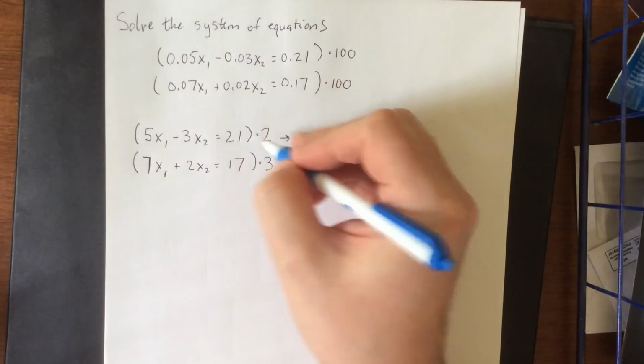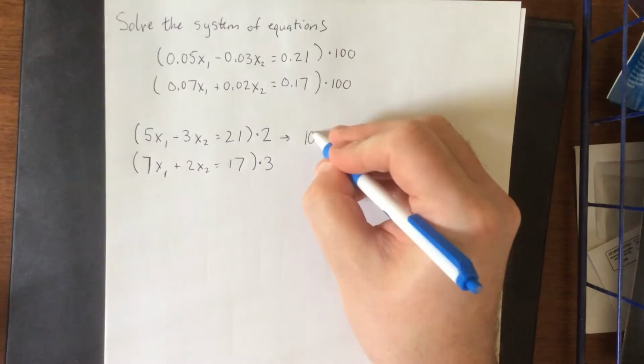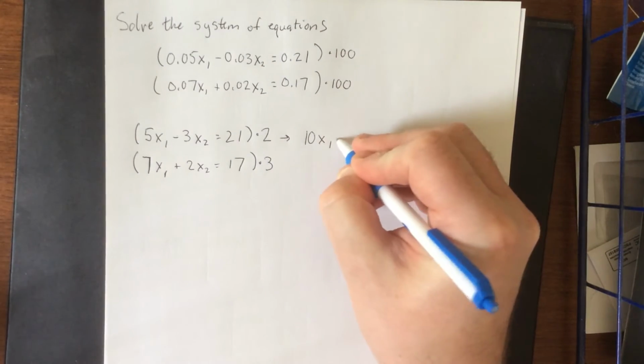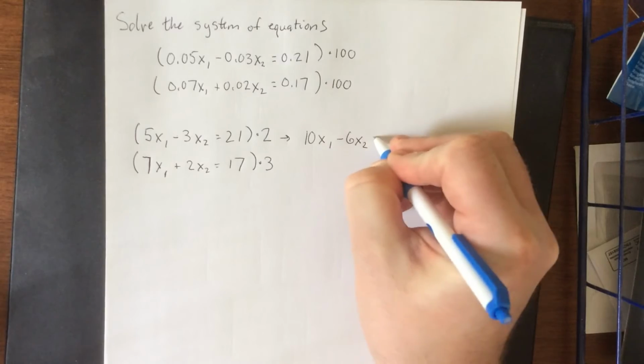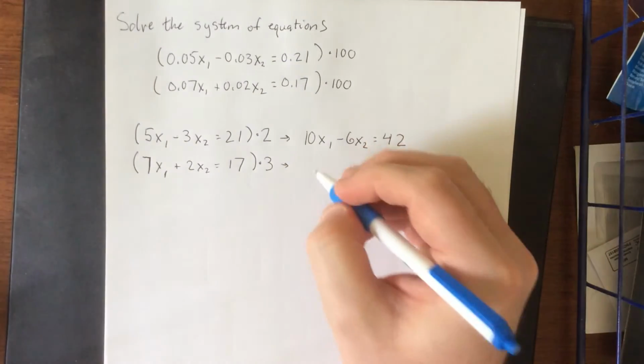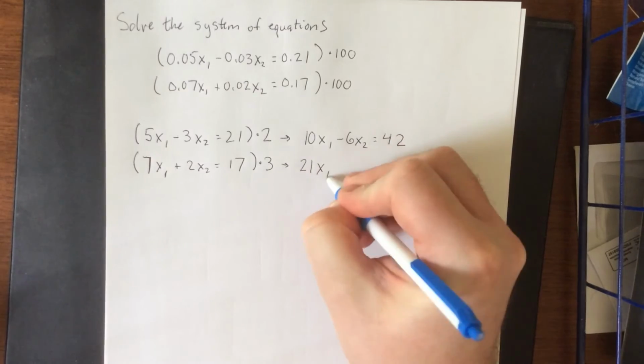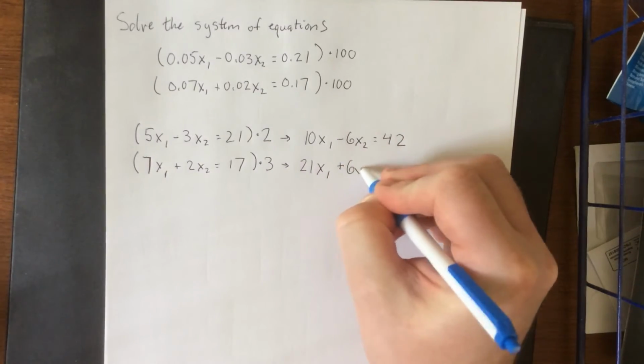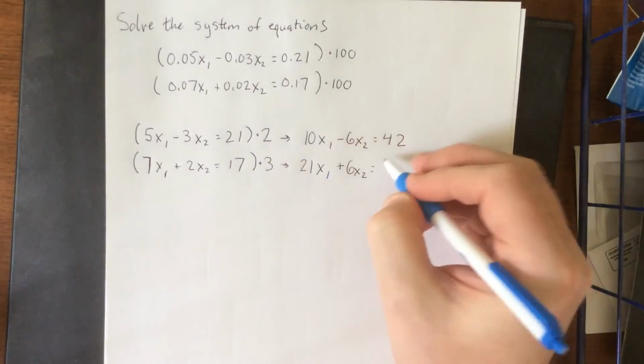So distributing the 2 through to all of the terms, we will have 10x1 minus 6x2 is equal to 42. And the second equation becomes 21x1 plus 6x2. That's going to be equal to 51.